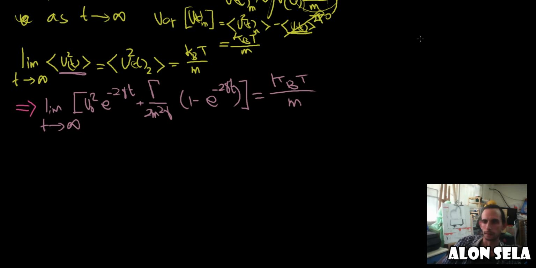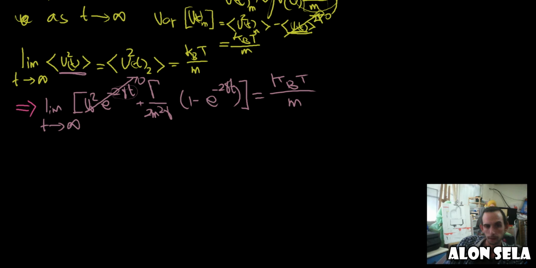So let's see. As t goes to infinity, this entire exponent will go to infinity. E to the minus infinity goes to 0. So this will go to 0, which means this entire term will go to 0 in the limit.